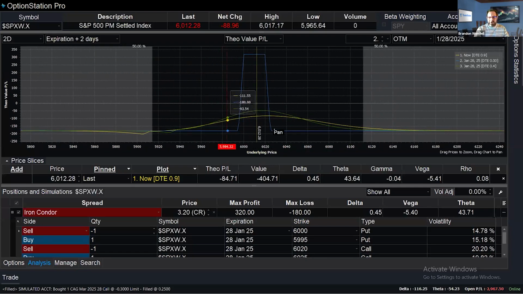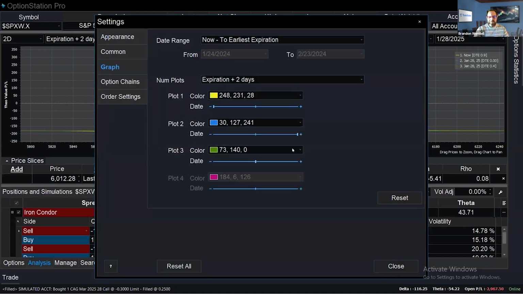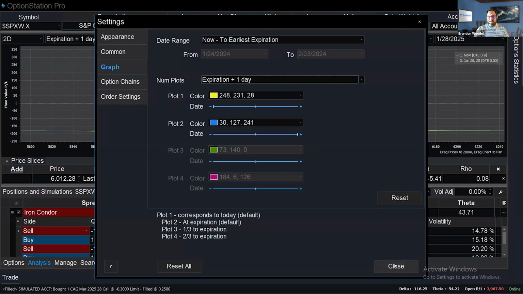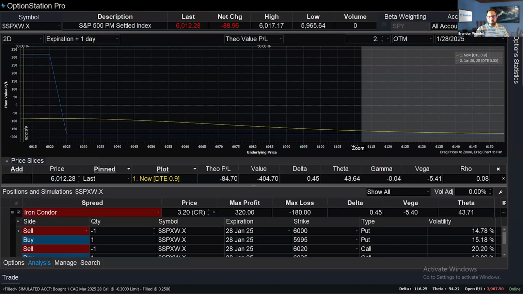It's looking a little weird on the corner there, but the blue should be 0 DTE. That's tomorrow. And let's move the graph here. I only need plus 1 day. There we go. So that's the curve right now, the way it looks, or the risk profile, if you will.